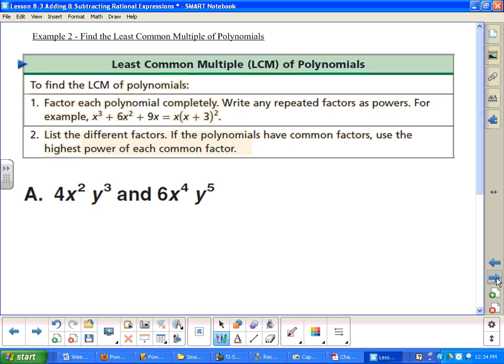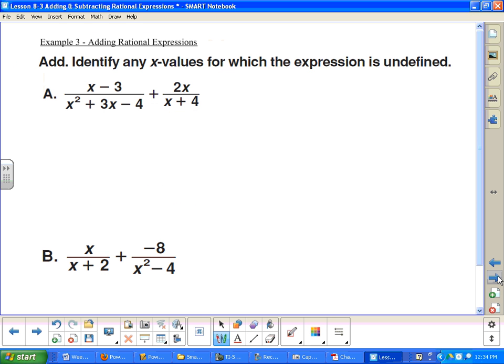All right, we're going to skip those. Okay, adding with a non-common denominator, where my denominators are unlike. And here, once again, they want us to identify any x values for which the expression is undefined.